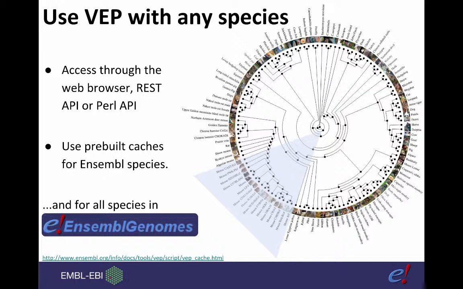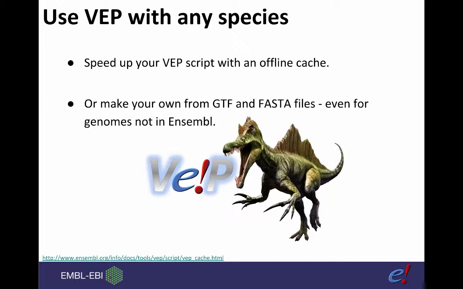And this is true for Ensembl Genomes as well, with no exceptions, you can use it for any species in Ensembl Genomes at all. And in addition, you can use it with any species that's not available in Ensembl, as long as you have a GTF, which is a gene annotation file, and the FASTA file for the reference genome sequence, then you can use the VEP to annotate your variants of interest.